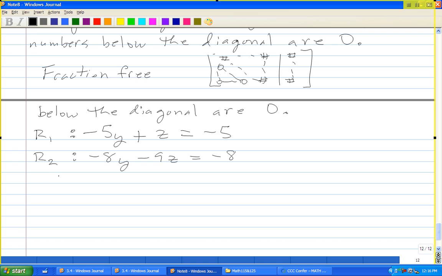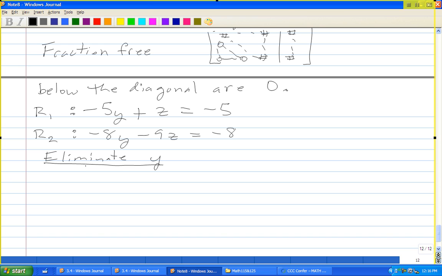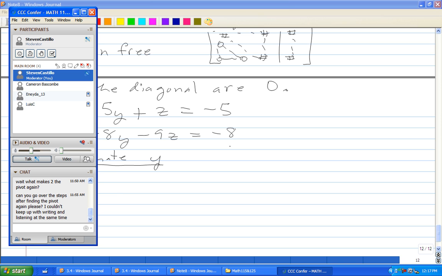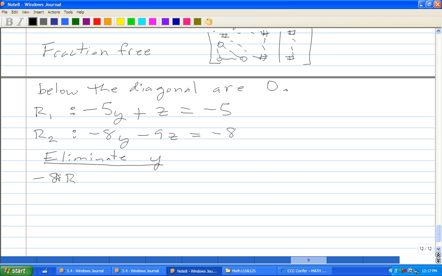Well, then what you do is you multiply the first equation by 8.